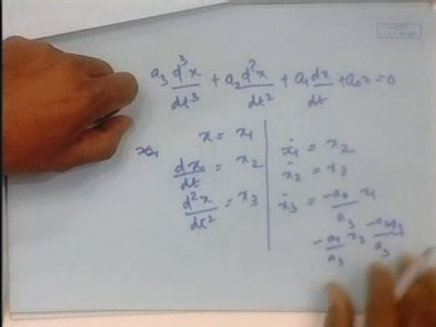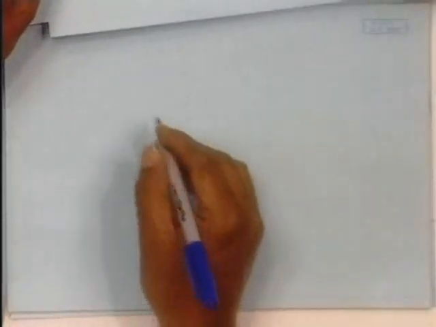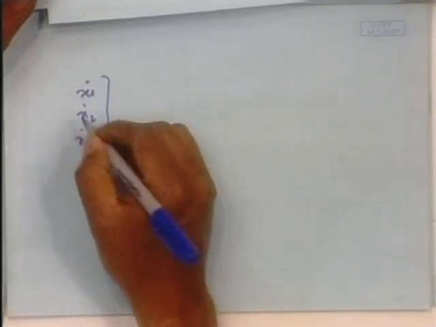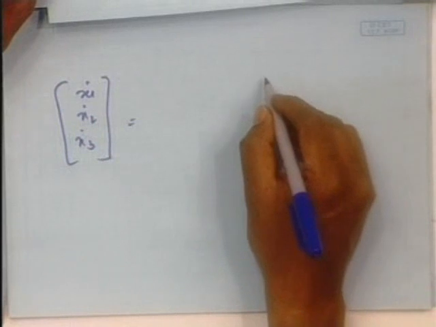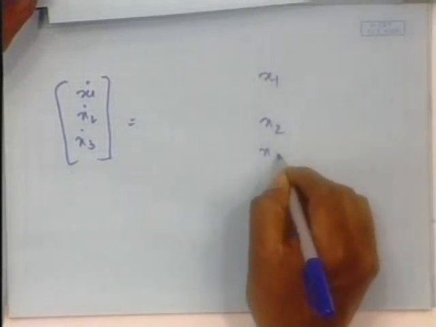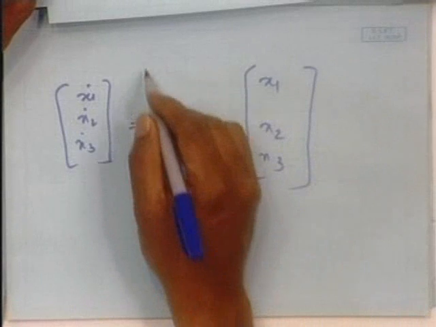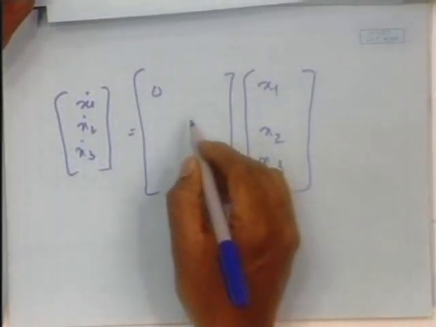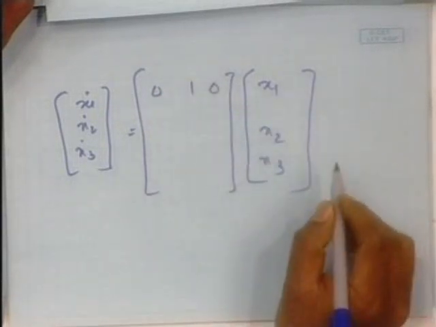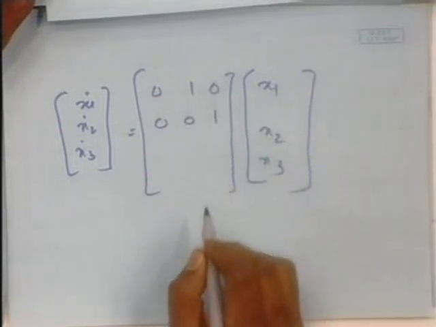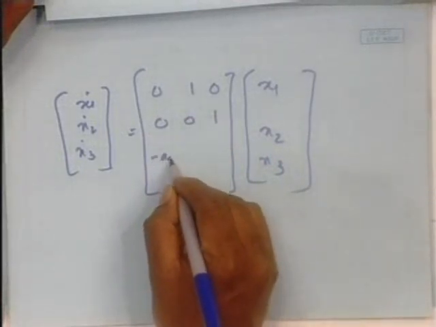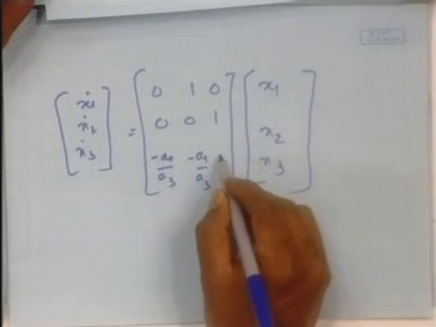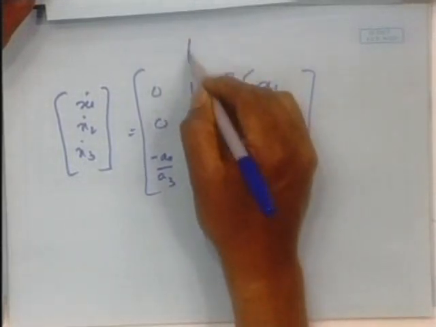So, if you write in the matrix form, you get x1 dot, x2 dot and x3 dot, and you can write x1, x2 and x3 here. So, here you write 0, 1, 0, then 0, 0, 1, then minus a0 by a3, then minus a1 by a3, then minus a2 by a3. So, this matrix is the companion matrix.